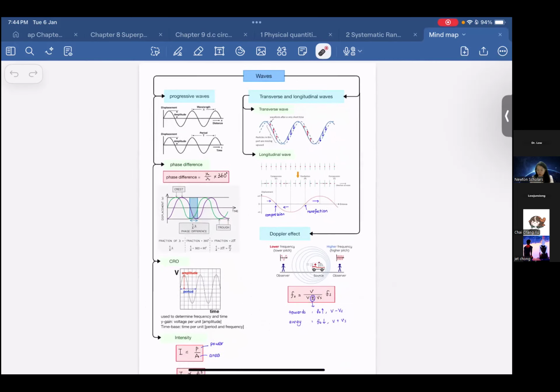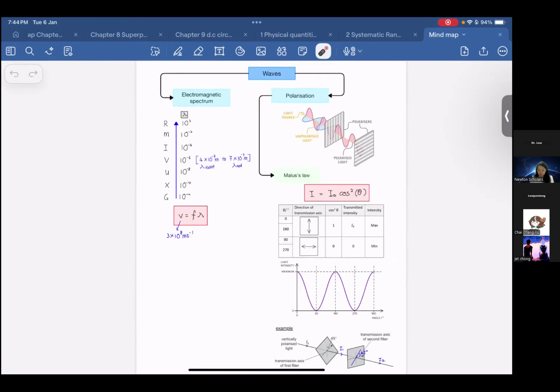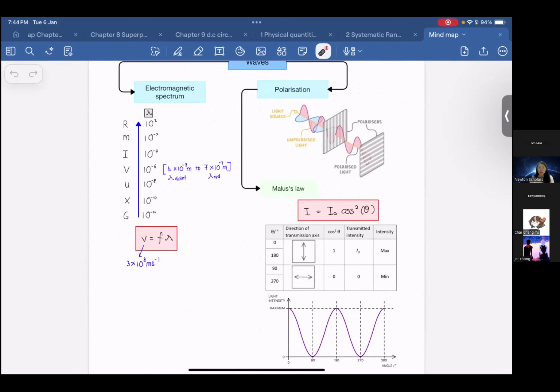Then in chapter 7, one more here is called the electromagnetic spectrum, EM wave. When we studied waves in year 10, we never asked you to memorize. No need to memorize, but you need to know the characteristics. For example, radio wave actually has the longest wavelength. Gamma has the shortest wavelength, but gamma has the highest frequency. You just need to know the characteristics.